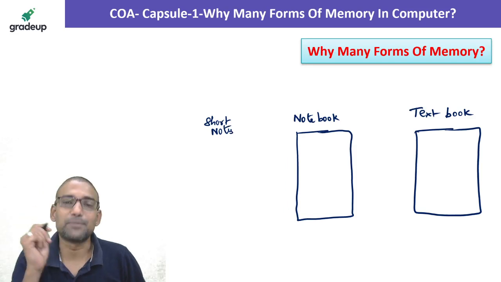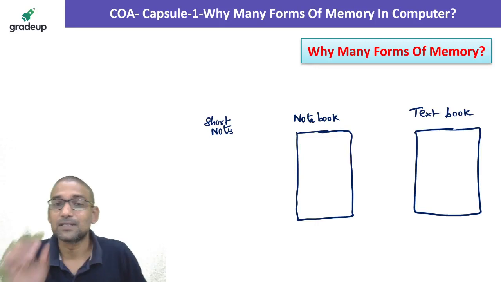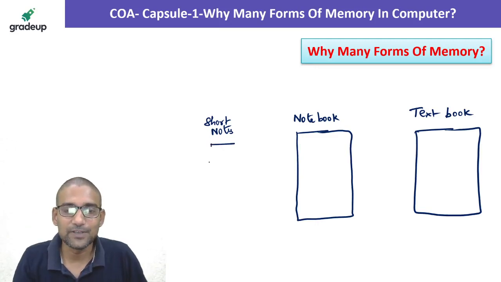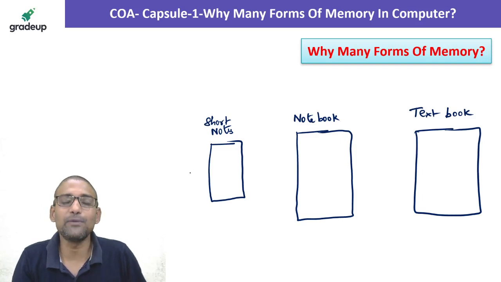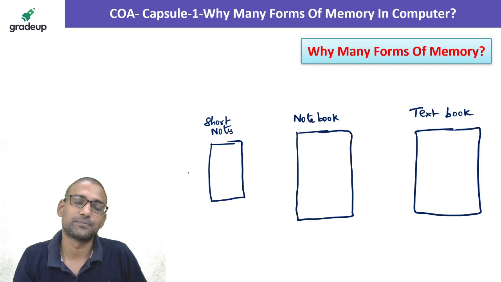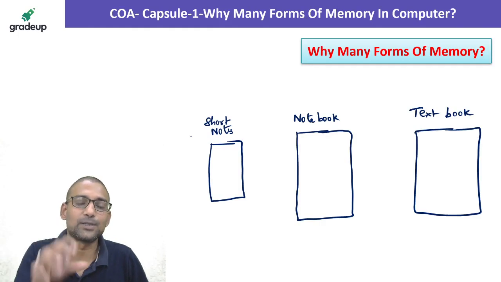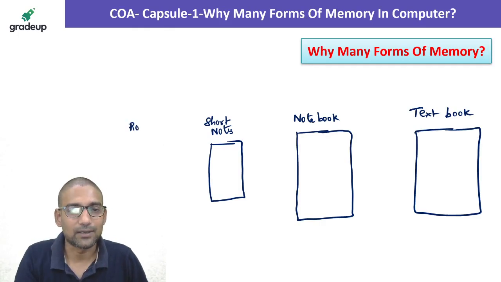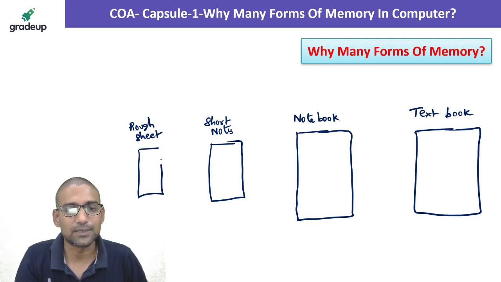For you it may be some publishing books, some series all in ones, some short notes you will refer to, which are even crisper, right? And whenever you go for an exam, whatever formulas you want to remember, you may write on the simple rough sheet.